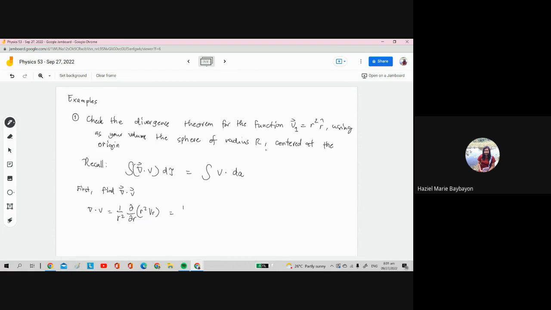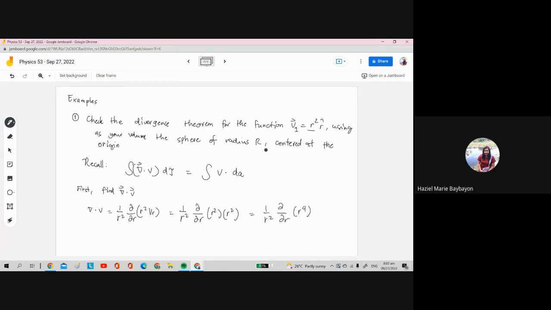So this is equal to 1 over r squared. You have r squared multiplied by v sub r, which is just equal to r squared. So you have 1 over r squared, partial derivative of r to the fourth.